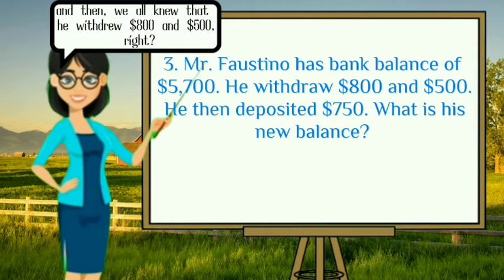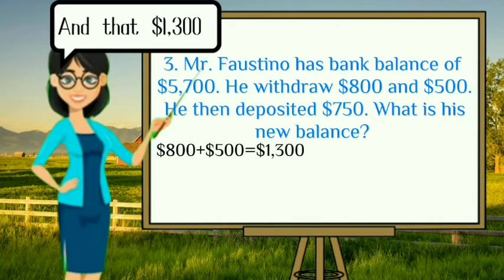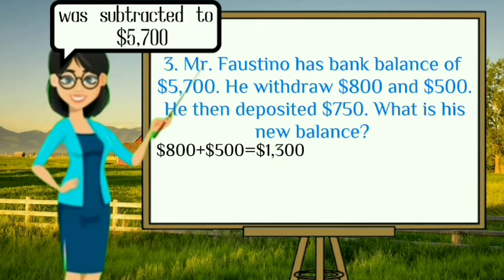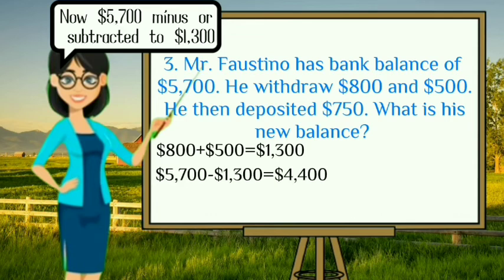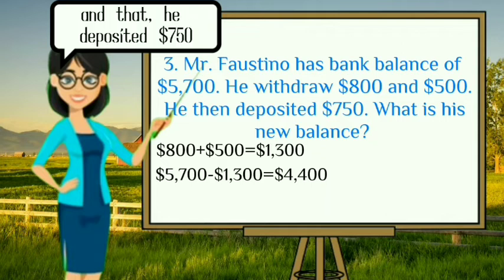and $500, right? Now, let's add $800 and $500, so we have $1,300, and that $1,300 was subtracted from $5,700. Now $5,700 minus $1,300, we have $4,400, and then he deposited $750.